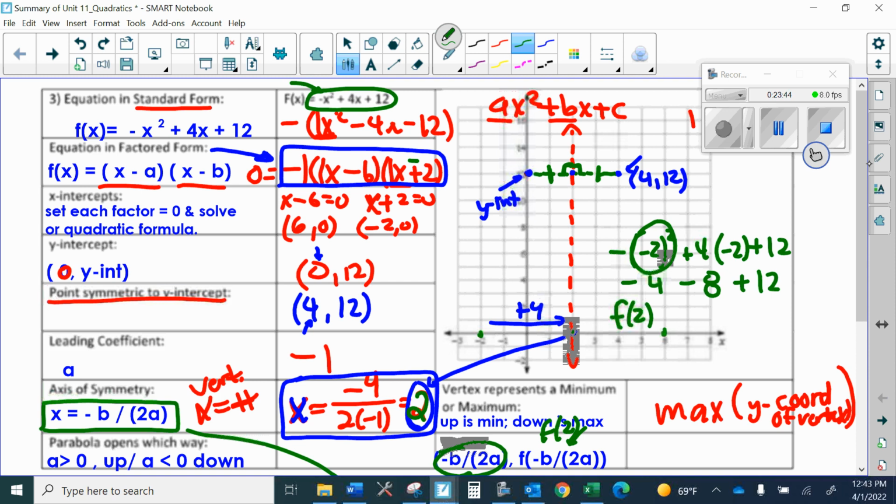That does not make sense here. Oh, what am I doing? Okay, I said the f of 2 and I plugged in negative 2 for some reason. I don't know what I was doing. I was going to say that doesn't make any sense. Can't come out to 0. It's got to be up here. Whoa. All right, caught my error.